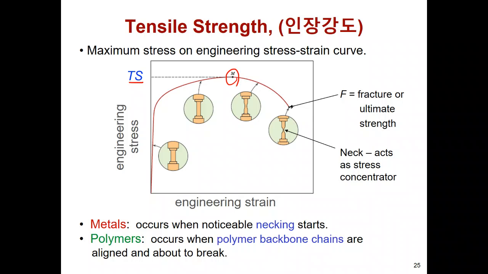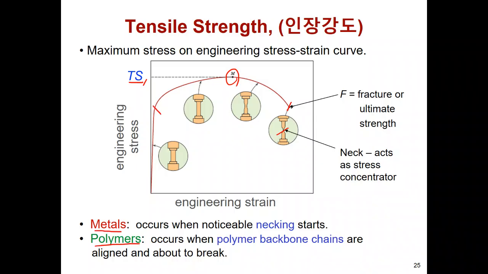At that point we say this is the tensile strength, and then the stress reduces during elongation, but finally the solid will break. That kind of behavior can be detected in metal or polymer systems.